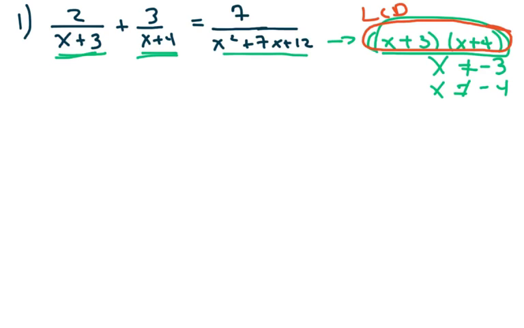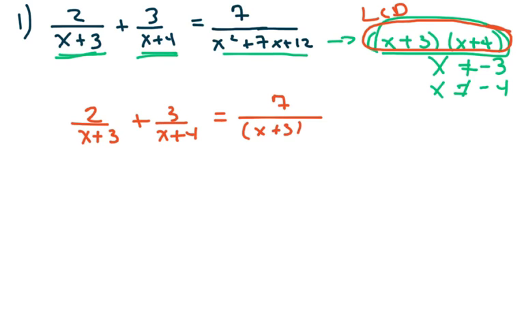So I'm going to write this equation again, and this time in factored form. And I'm going to multiply each piece by my LCD, which is x plus 3 times x plus 4.